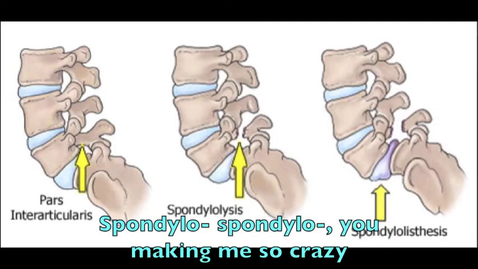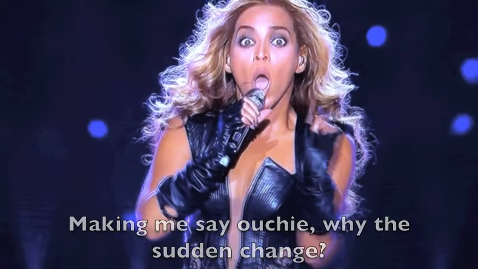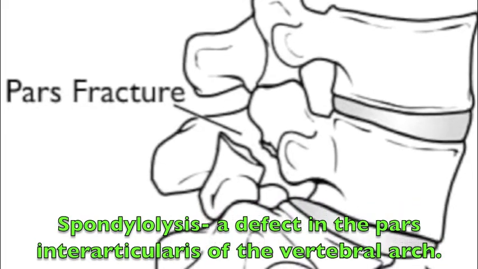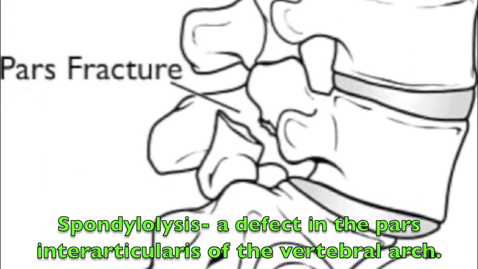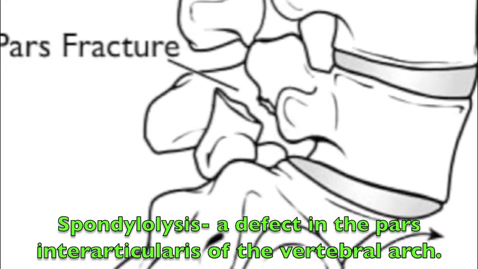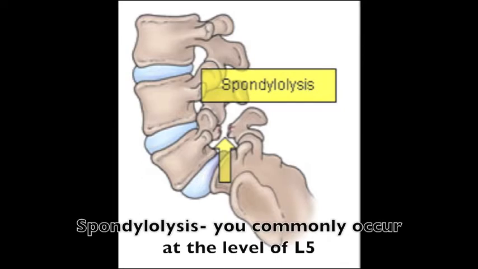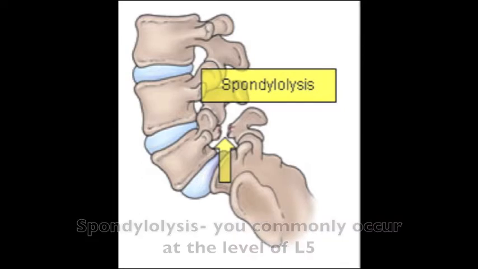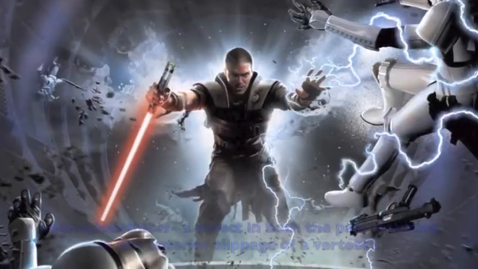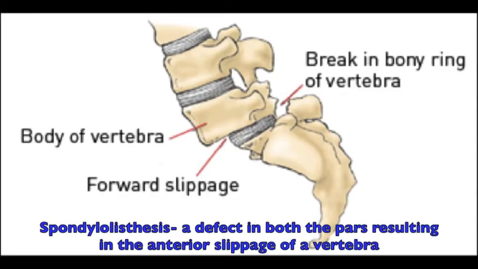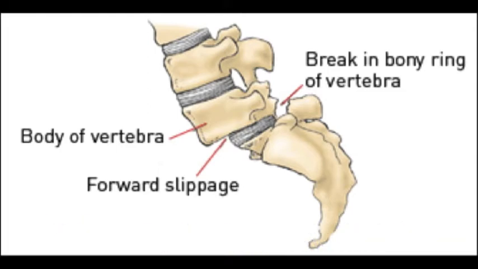Spondylo, you're making me so crazy, making me say ouchie. Why the sudden change? Spondylolysis, a defect in the pars interarticularis of the vertebral arch. Spondylolysis commonly occurs at the level of L5 due to great force from above. Spondylolisthesis, a defect in both pars, resulting in the anterior slippage of the vertebrae.